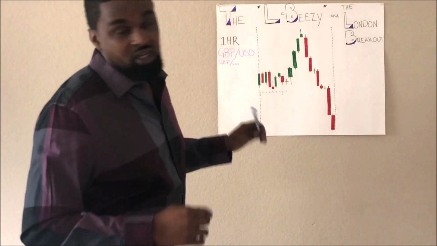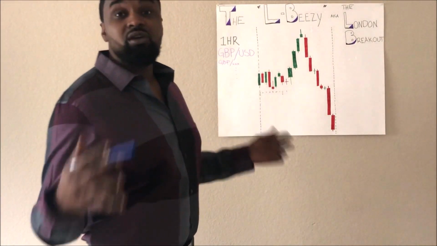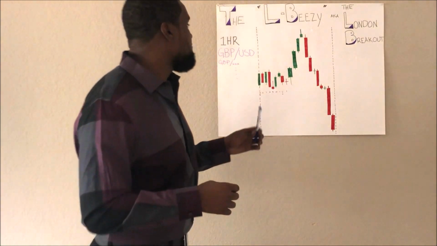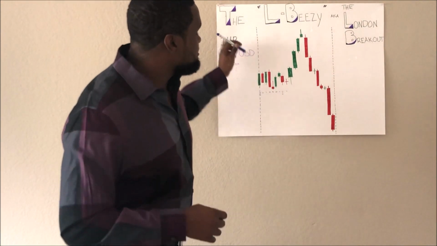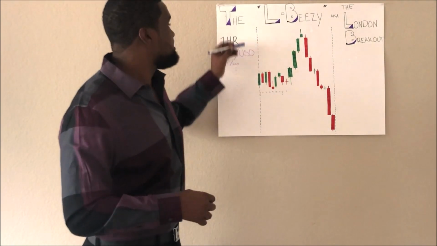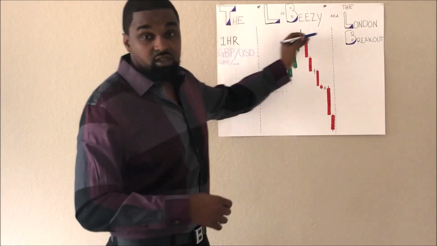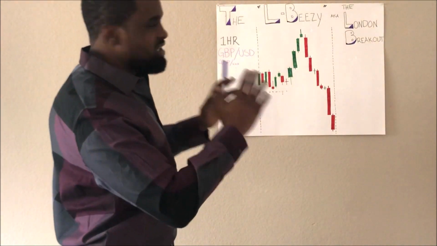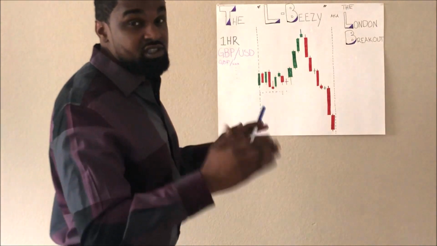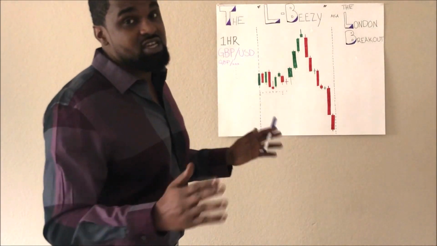So first and foremost, you need to make sure that you have your period separators set up. Your period separators are a set of dotted lines that go vertically across your chart in order to let you see the market in a period time frame.